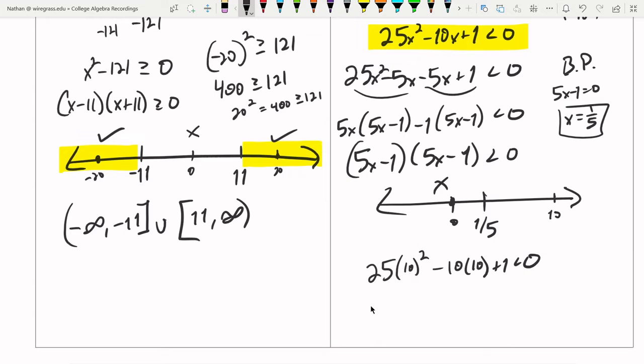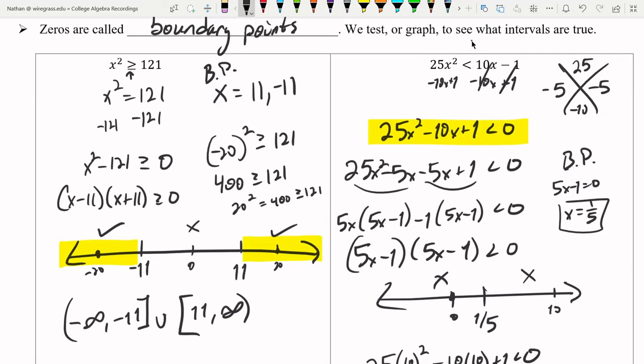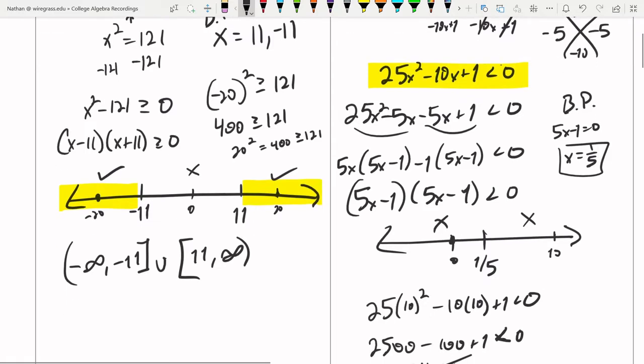That's going to give us 2500 minus 100 plus 1, which is 2401. Less than 0? That is not true either. And since the inequality is a strict inequality, we do not include the boundary point, so 1/5 is also not included. And so we've excluded everything. There is no solution for this one.